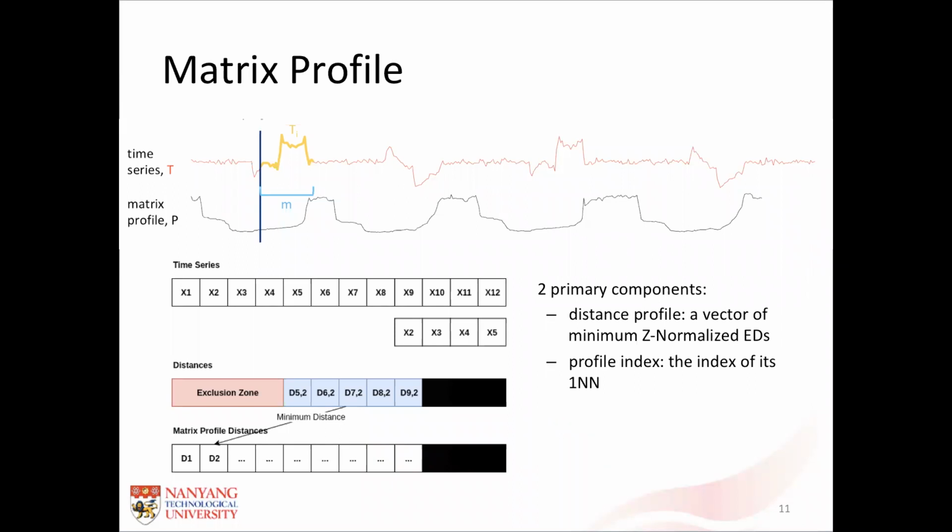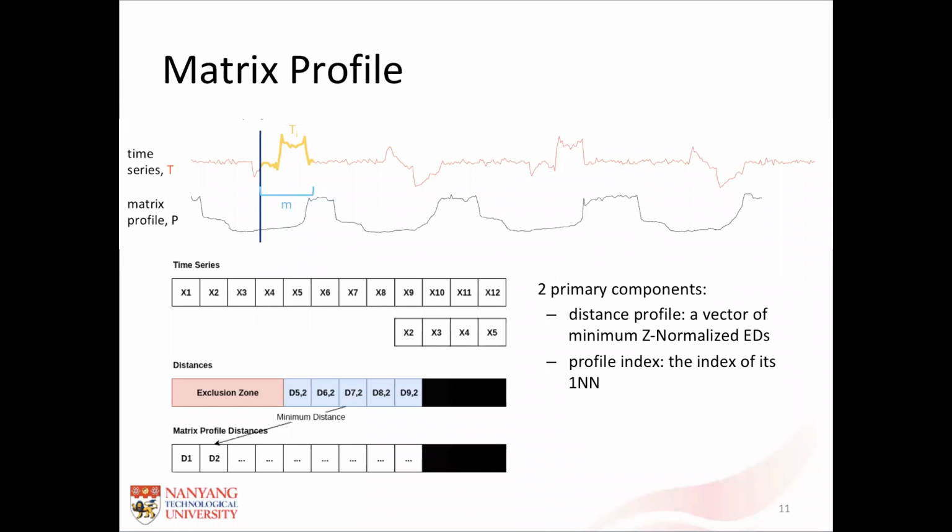I compare x2 to x5 with x5 to x8, and I get the Euclidean distance D52. Then I use x2 to x5 to scan x6 to x9, and I get another distance, D62.